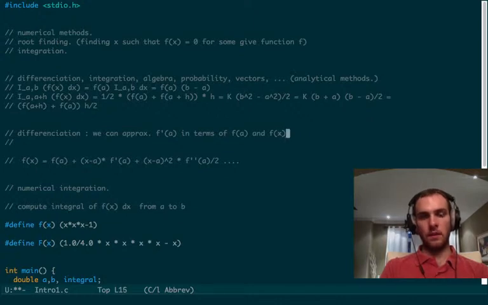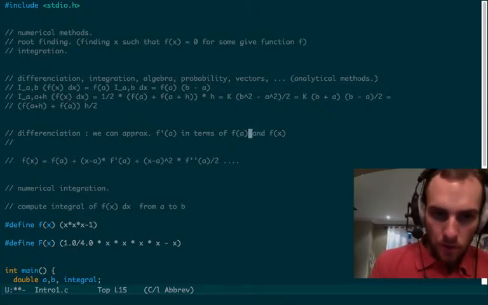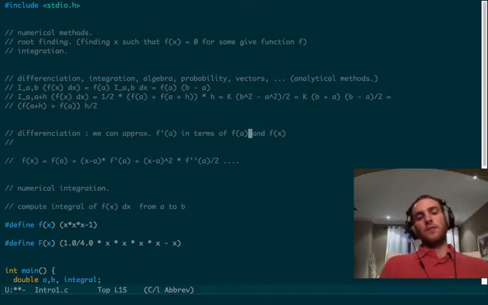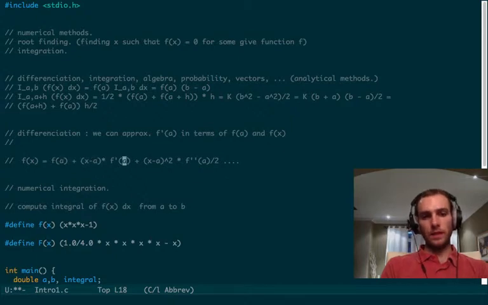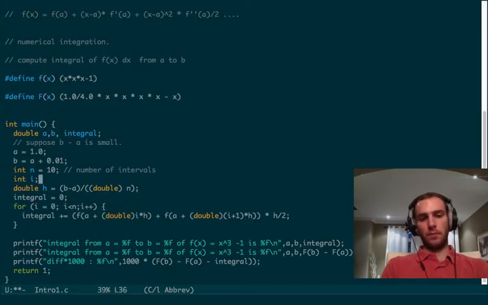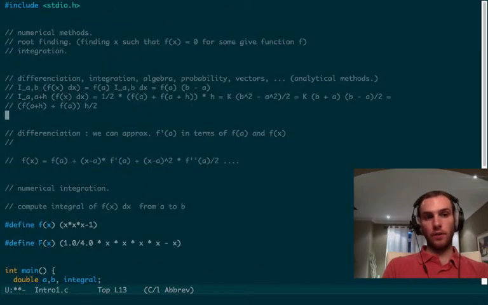Sorry, at x. So given multiple values for this function, we can approximate the derivative and use that to get the formula that we need, and then it's just plug into this general structure. And you're done, or at least it's going to work.